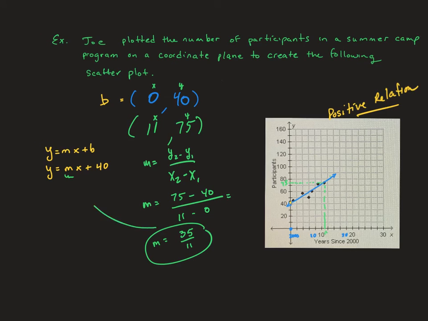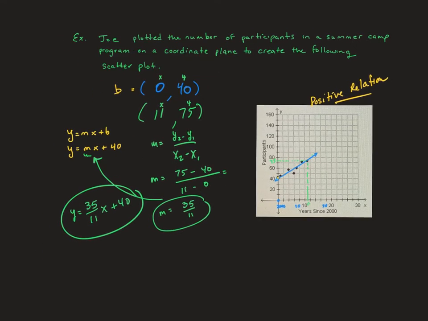So if I do some substitution right here, in order to create a line of best fit, and I've done it graphically and algebraically, y is going to be equal to 35 over 11x plus 40. There are more accurate ways to do this in the calculator, but that was just something I was able to come up with real quick.